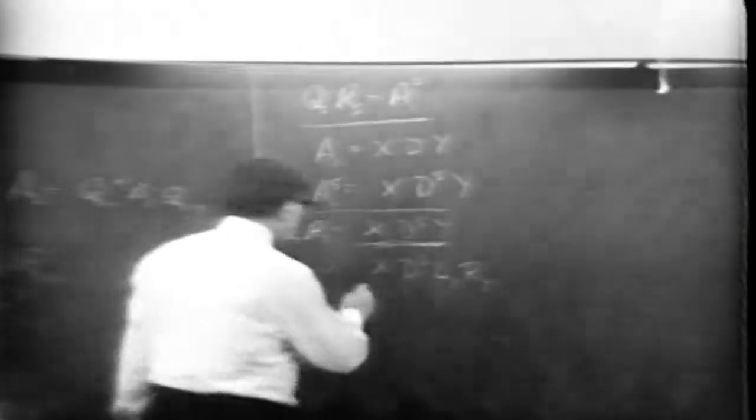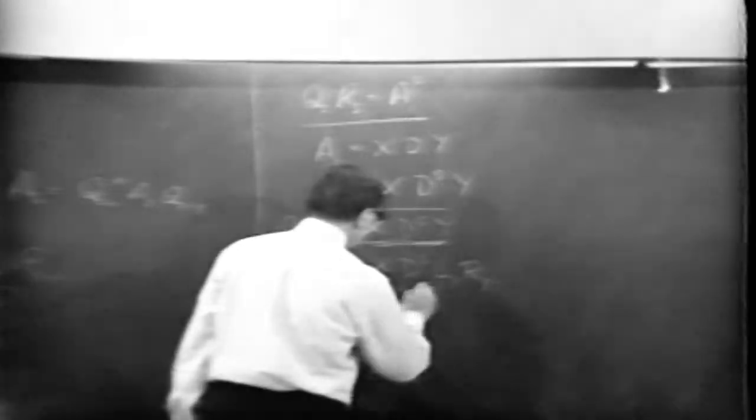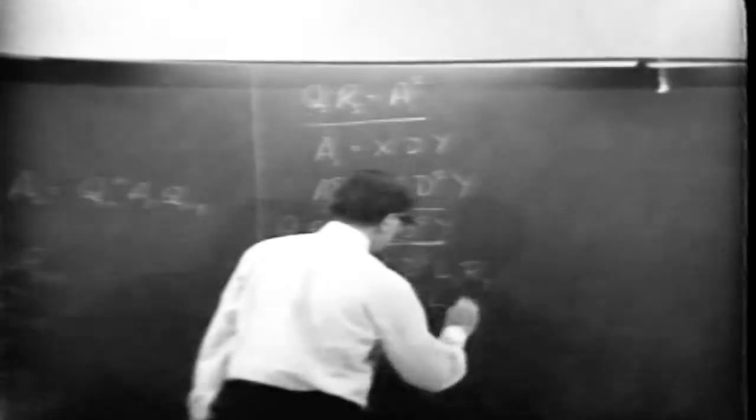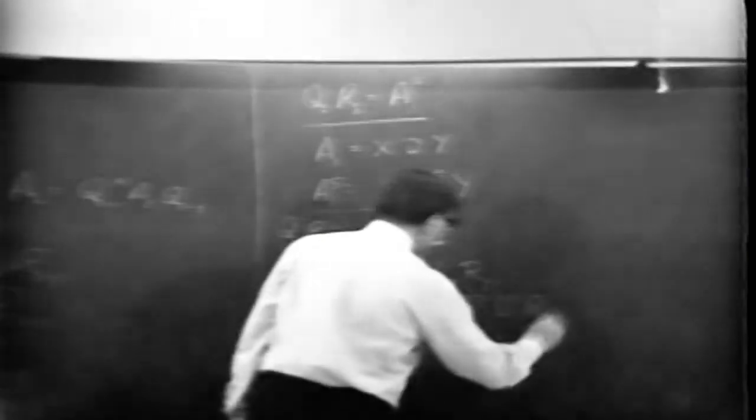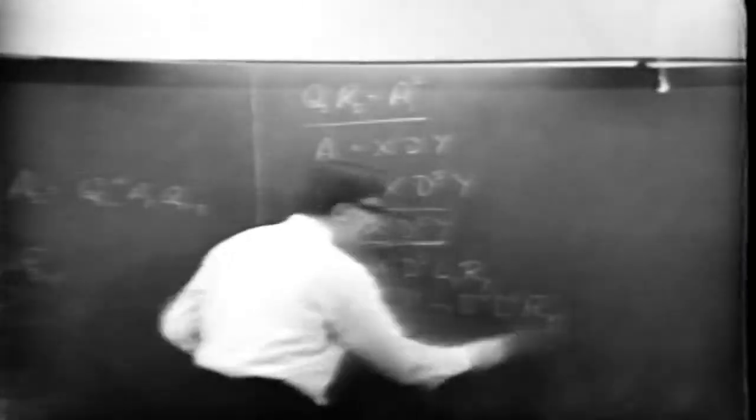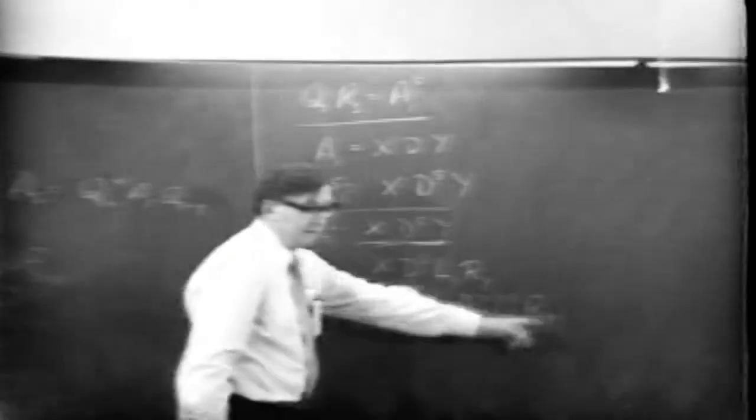And now I write that in the form X D^s L_Y D^{-s} D^s R_Y. And of course this bit at the end is still upper triangular. This is a diagonal times an upper triangular matrix, so it's still upper triangular.